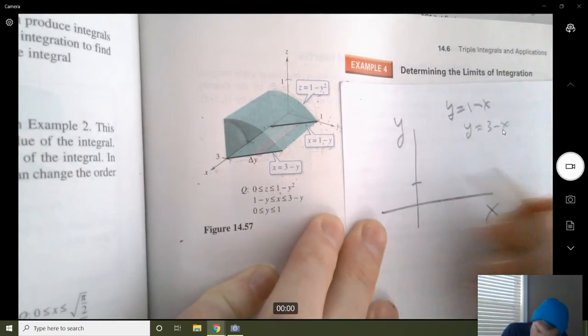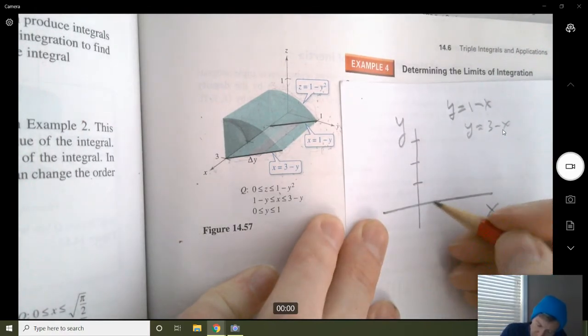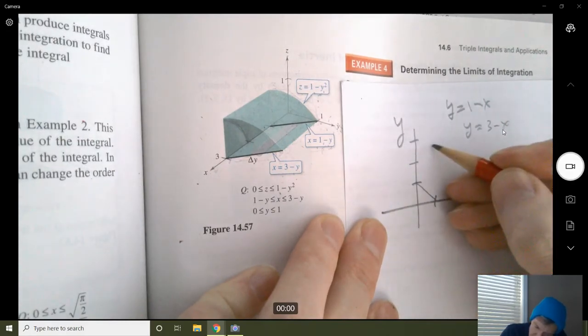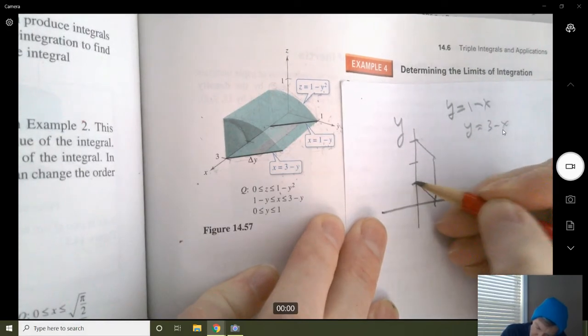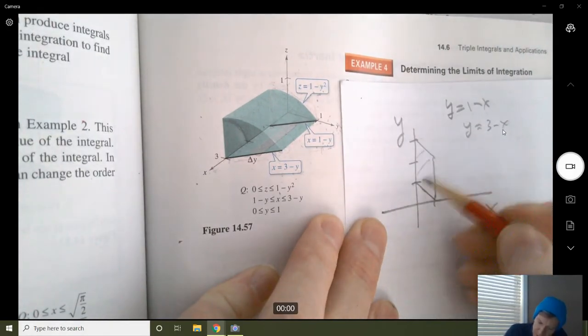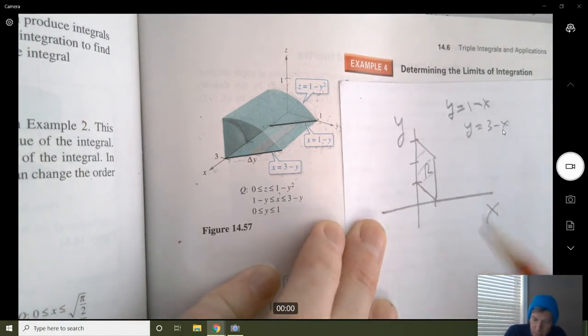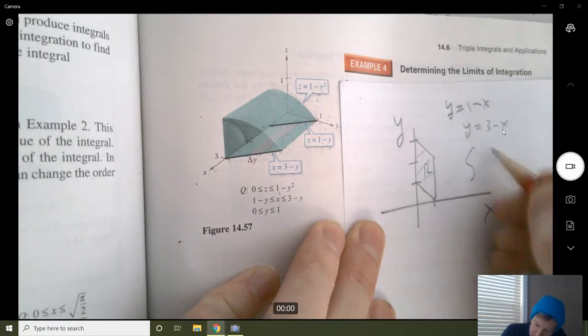So we'll start at 1, 3. We've got slopes of negative 1, and this is going to go to here. That's going to be our region right there to set up the integral for the x's and the y's.